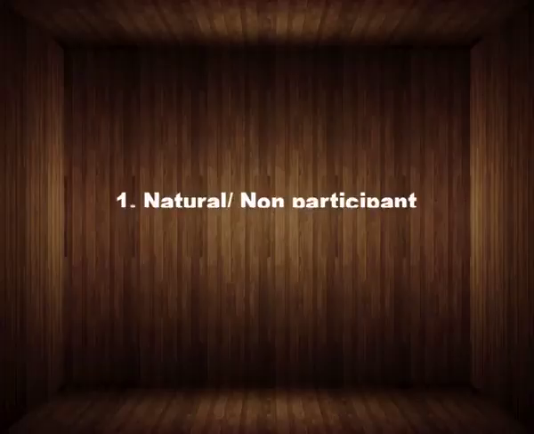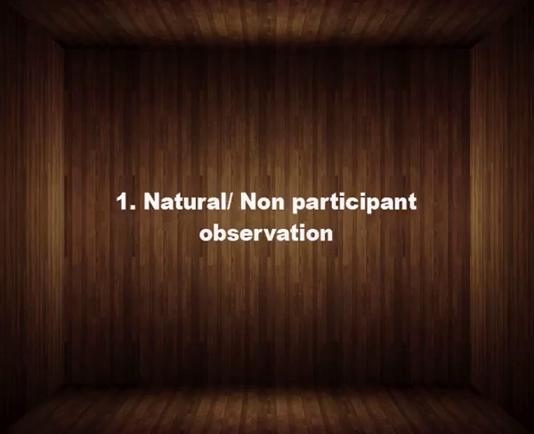There are two basic types of observation. They are, number one, natural non-participant observation. In natural observation, the observer observes the specific behavior and characteristics of the subject in natural settings, and the subjects are not aware of the fact that their behavior is being observed by someone.